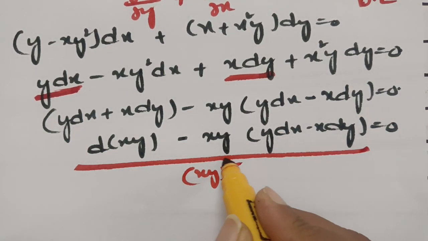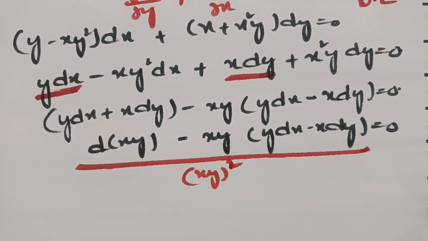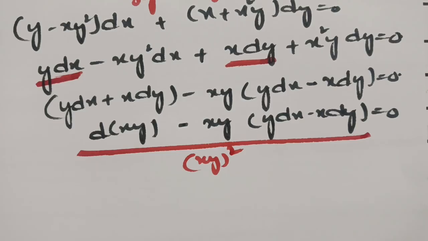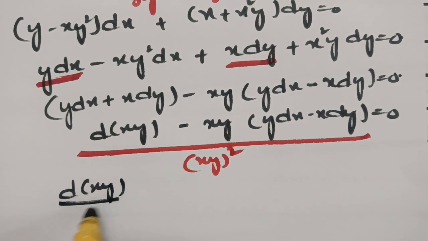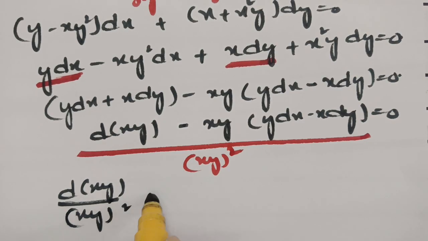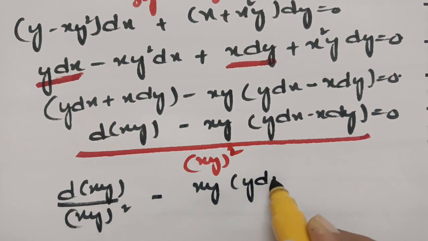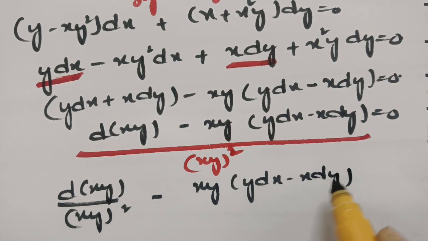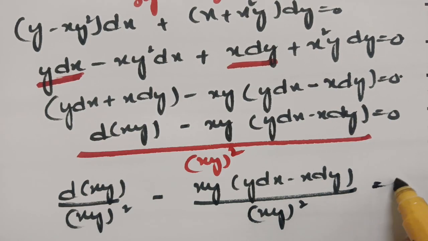If I divide throughout the equation, this is the derivative of xy by xy whole square, and now this is xy into y dx minus x dy by xy whole square is equal to 0.